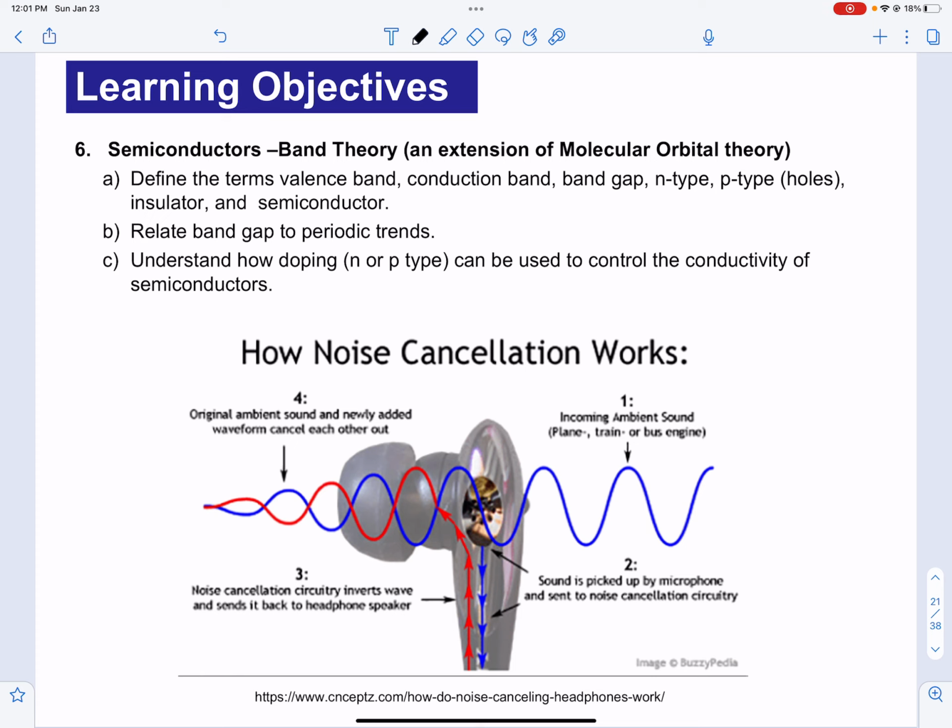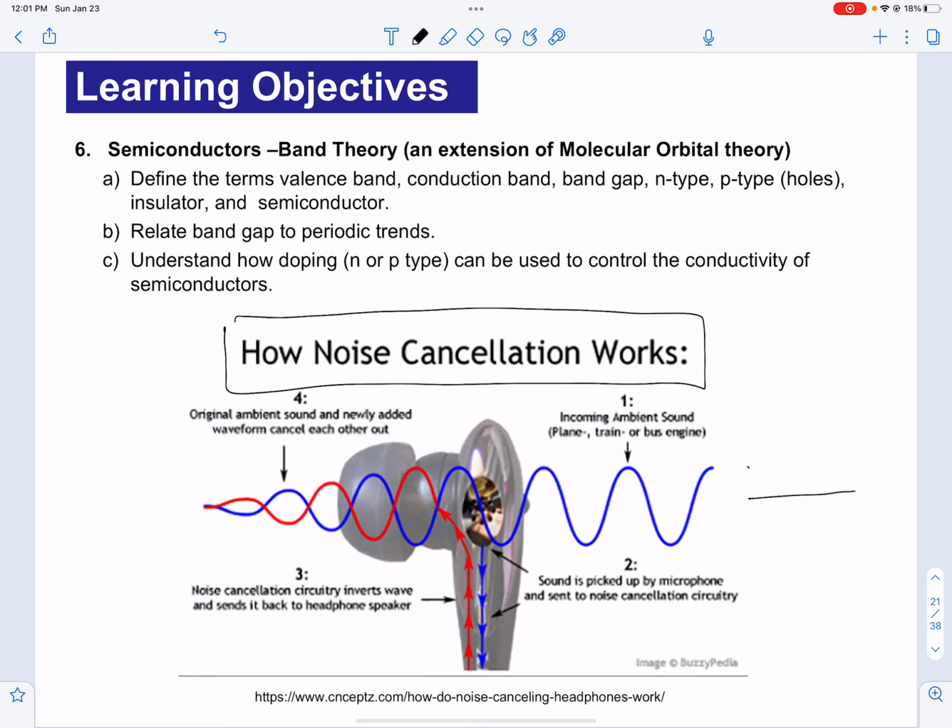And this is just the same concept that I just told you about, wave canceling or not canceling. You probably have used this before. If you have headphones that are noise canceling, that's what happens. Let's say that we have a plane over here. You're on the tarmac at the airport with a lot of noise.